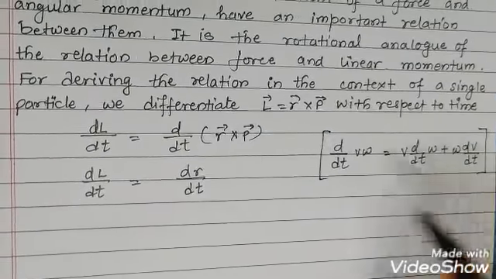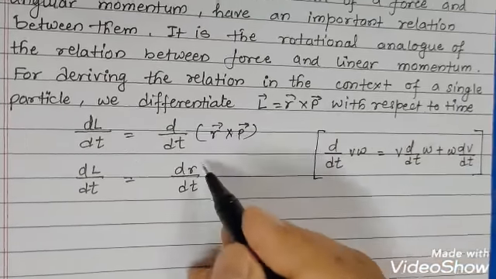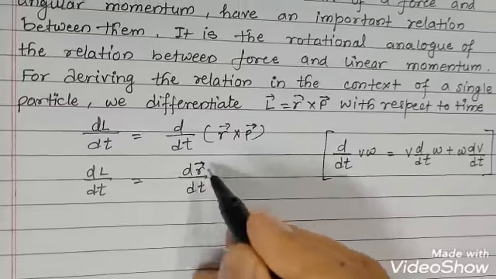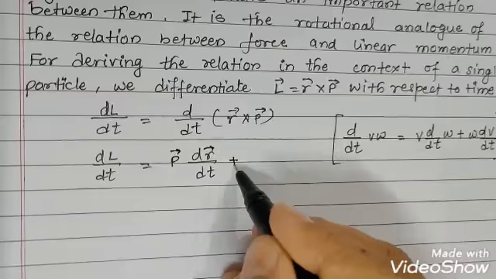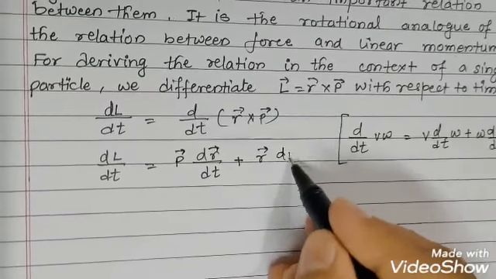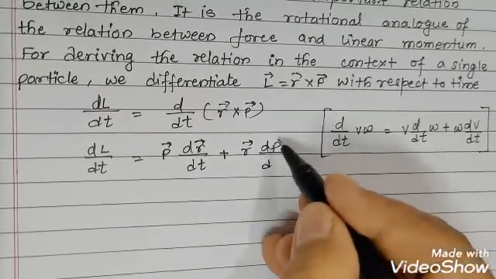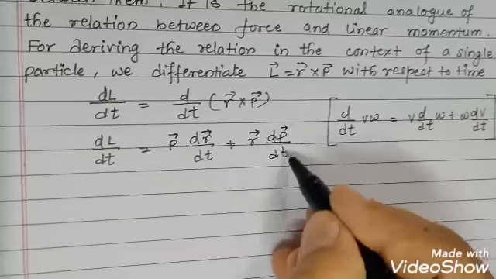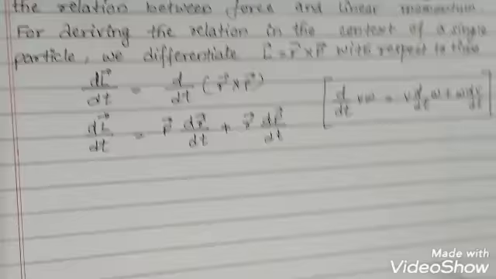The same way we will apply the formula here. We'll differentiate r first, then p will remain as it is, plus we'll differentiate p and r will remain as it is. I am writing this in vector form.